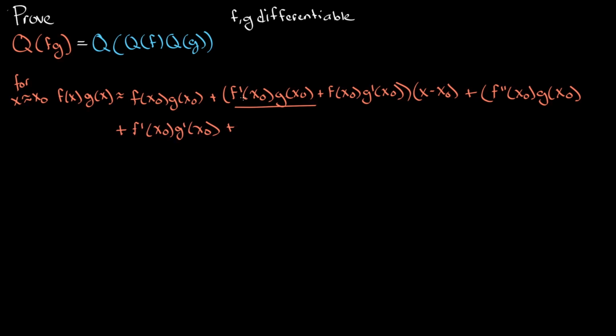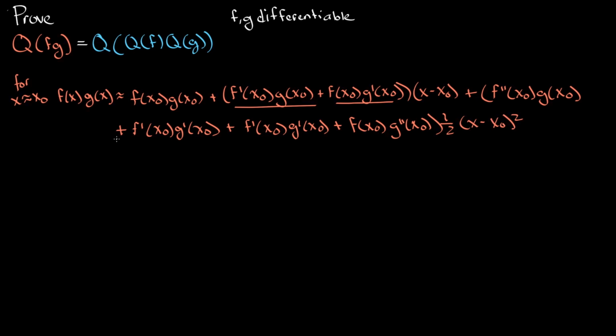So that's the product rule for these first guys. And now we have to do the product rule again over here. So we have plus f prime of x naught times g prime of x naught plus f of x naught times g double prime of x naught. And all of that gets multiplied by 1/2 times x minus x naught squared.